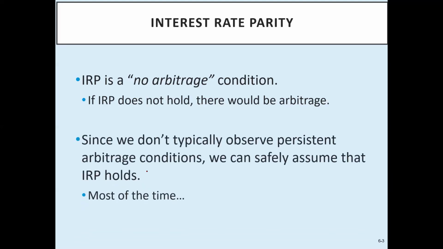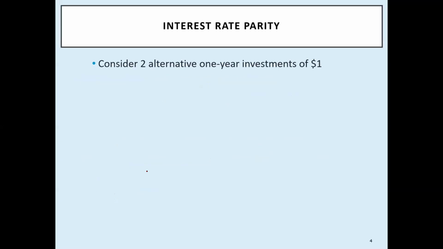Now, when we look into the data, normally we don't see any persistent arbitrage profits, and therefore this allows us to empirically say that the IRP, or the interest rate parity, in general most of the time holds, okay? When we say interest rate parity, we are talking about the relationship between interest rate and exchange rates, okay?